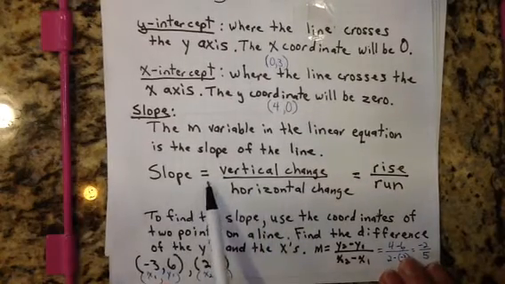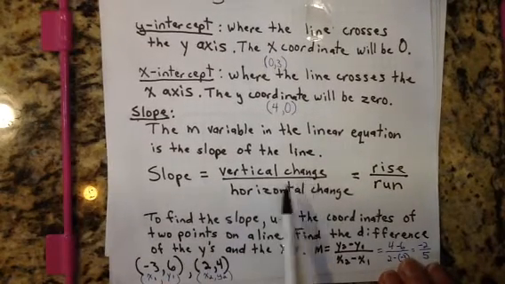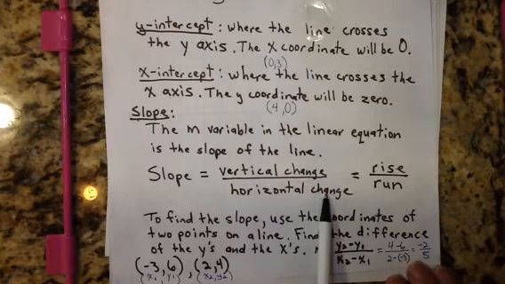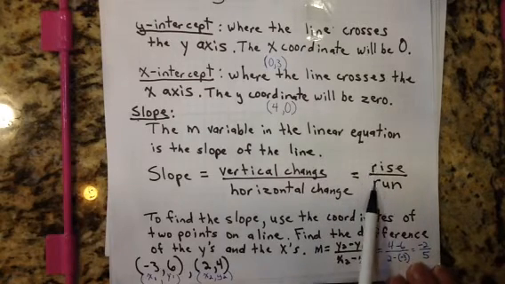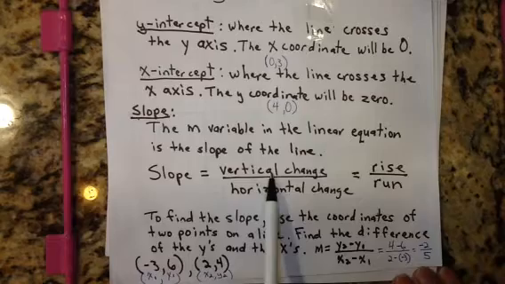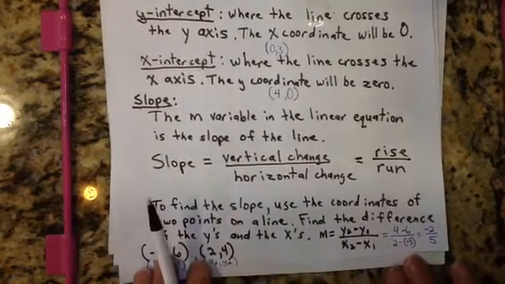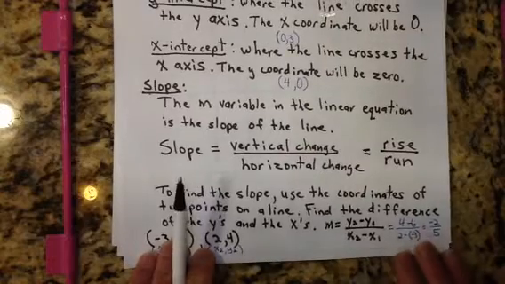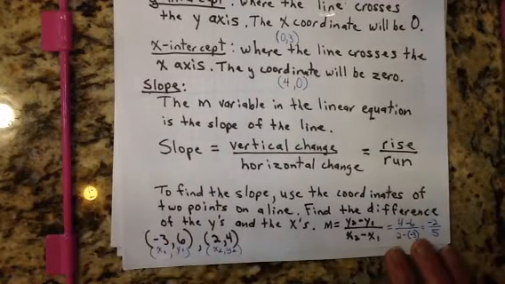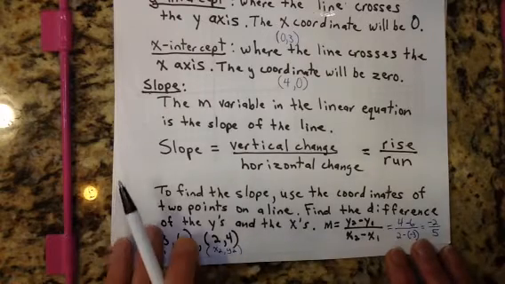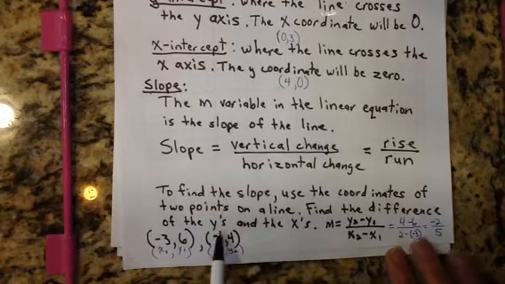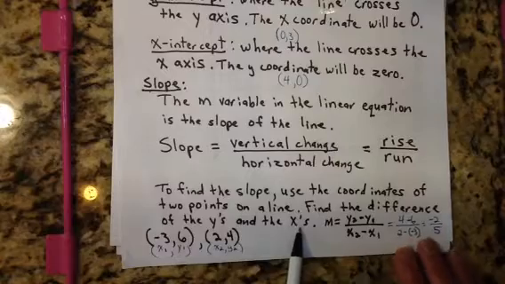And we say the slope equals the vertical change over the horizontal change, or the rise over the run. And to find the vertical change and the horizontal change, we find what's called the difference in the values for two different ordered pairs on the line. So, find the difference of the y's and the difference of the x's.